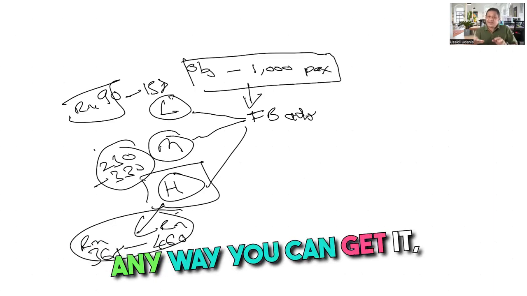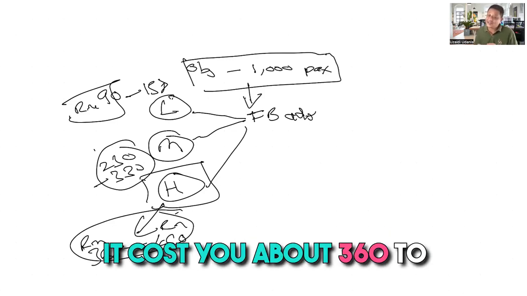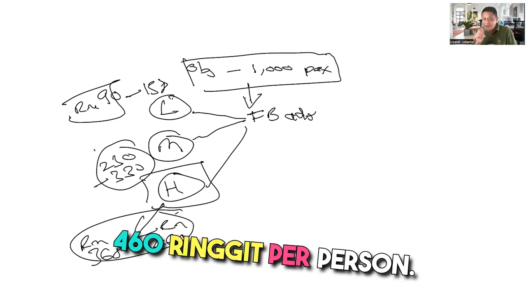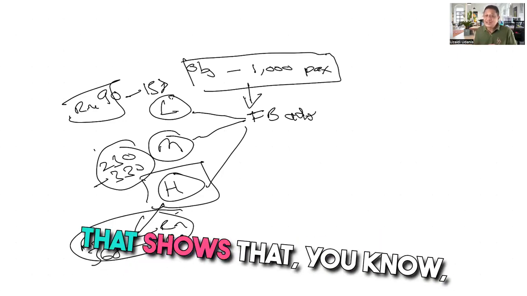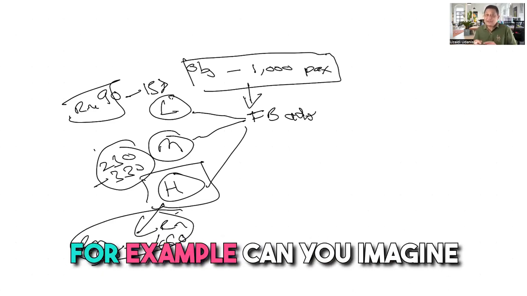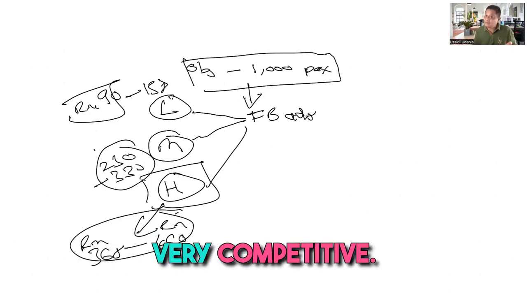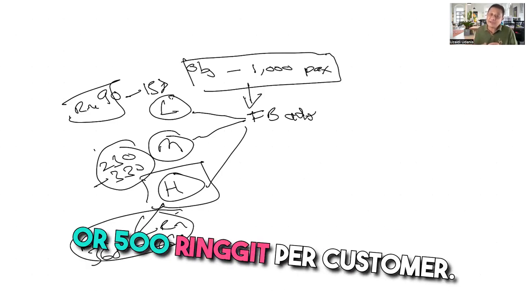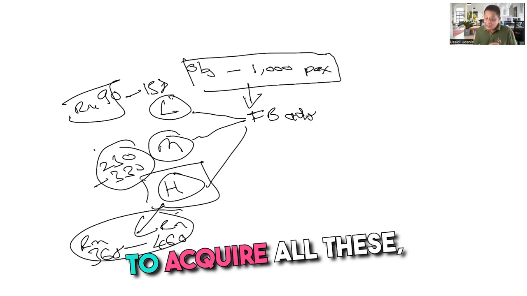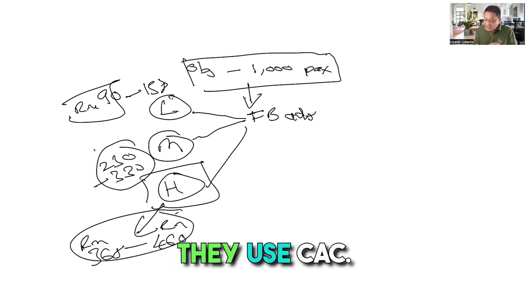Anyway, you can get it, just like hotel rooms. It costs you about 360 to 460 ringgit per customer. This is all per customer. That shows that it's very competitive. Can you imagine hotel rooms? It may cost them more than 400 or 500 ringgit per customer to acquire.